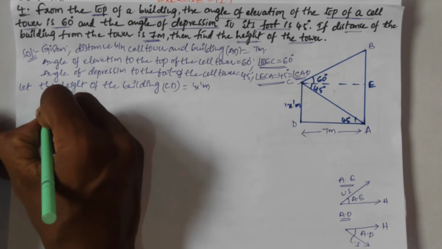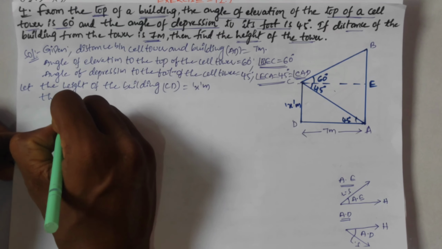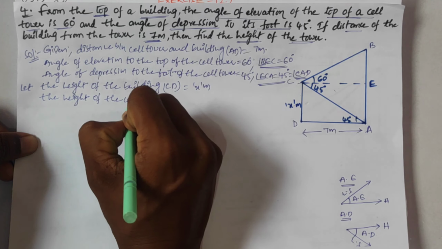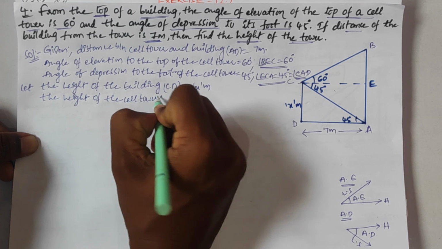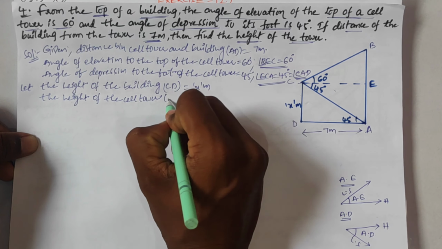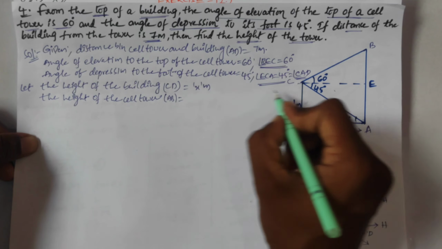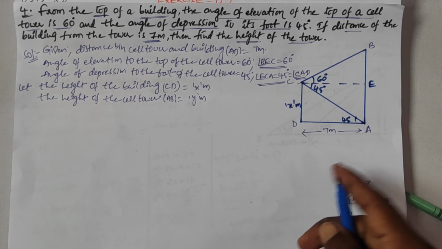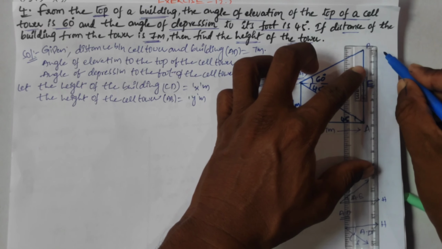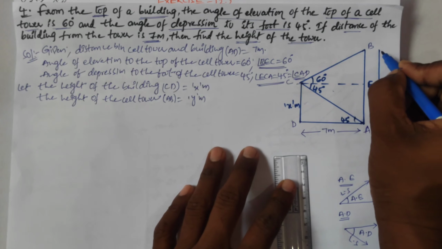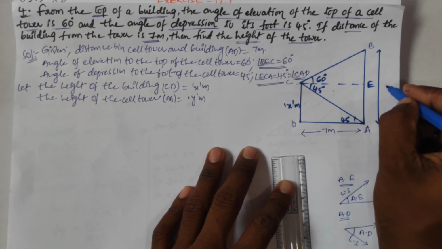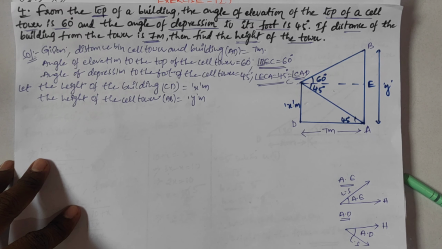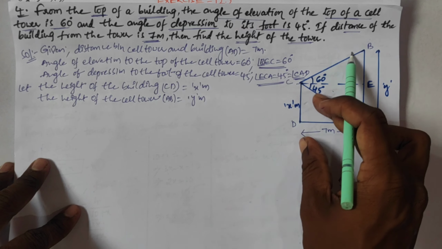And again, let the height of the cell tower, AB, be Y meters. Okay, this one I am considering as Y meters.